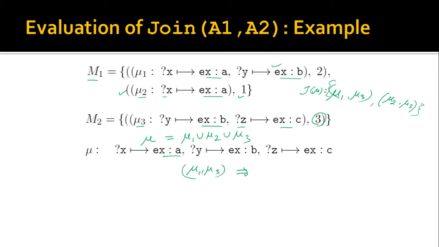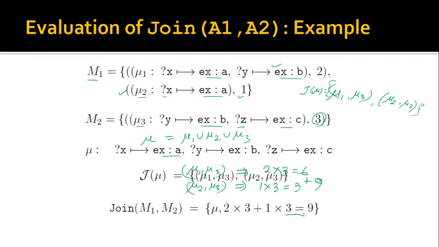So here it will give you the multiplicity of 2 multiplied by the multiplicity of mu3, that is 3, which is 6. Now coming to mu2 and mu3, right? So what multiplicity will we be getting here? Basically the multiplicity of mu2, 1, multiplied by the multiplicity of mu3, which is 3. So 3, and we'll add up these two, basically 9. So the multiplicity of the final solution would be 9, right?